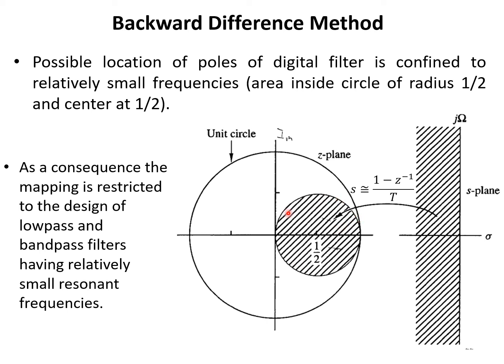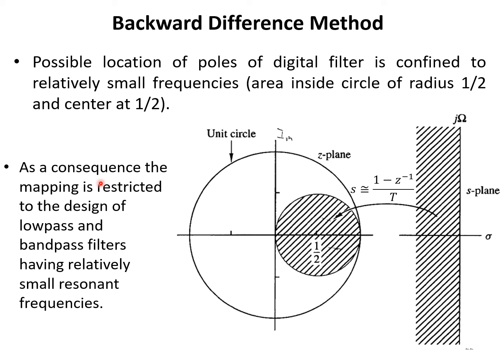Right? So this becomes problematic when we have to design the high pass filter and some band pass filter with higher frequencies using this technique, because we cannot map all the frequencies which are represented in S plane onto this circle using this approximation, right?